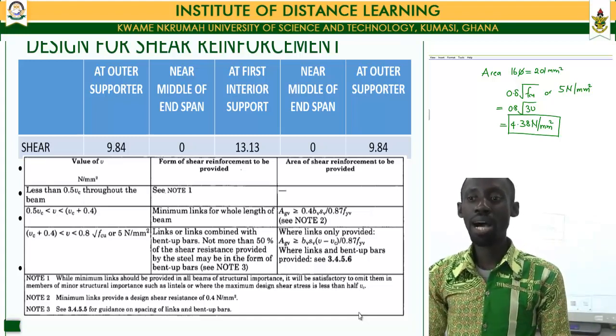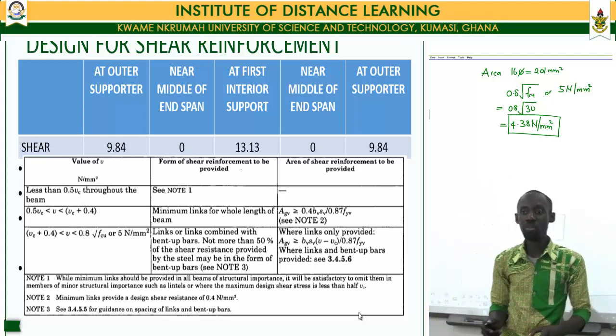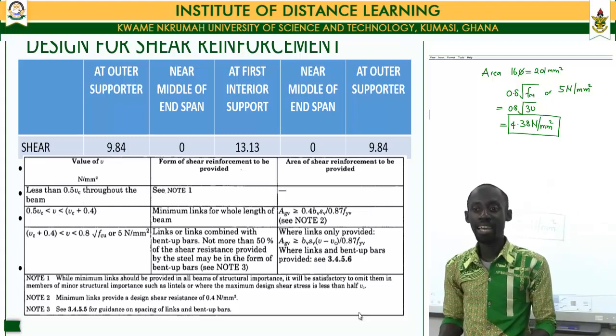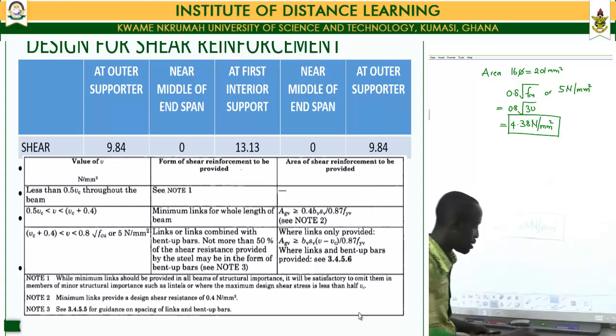But once our beam is of structural significance, then minimum shear reinforcement is supposed to be provided, and the minimum shear reinforcement that is supposed to be provided is given by the formula.